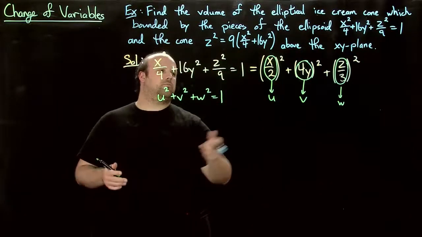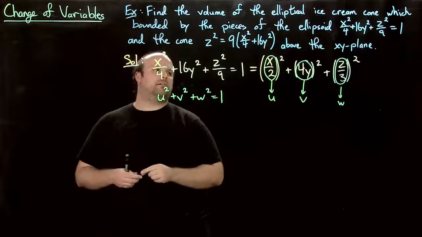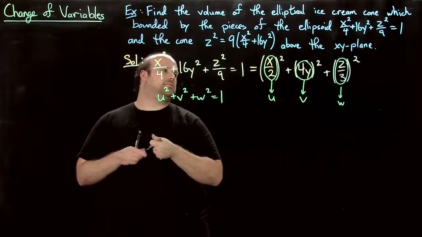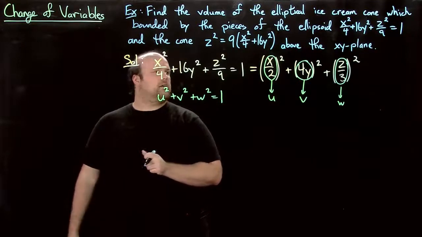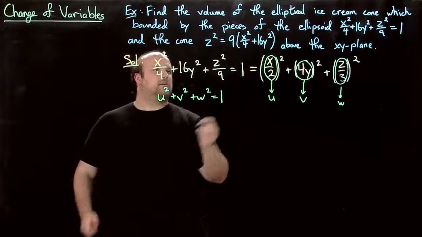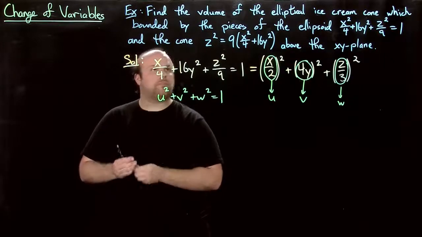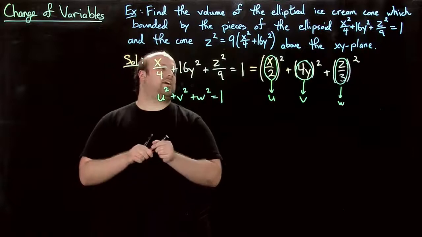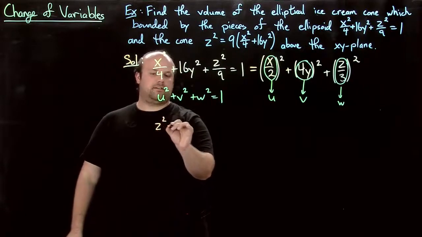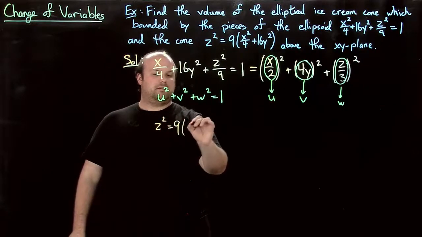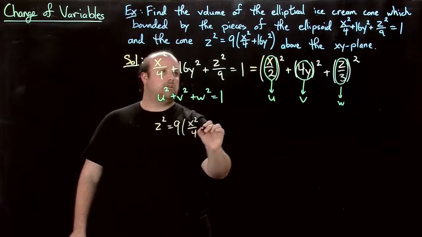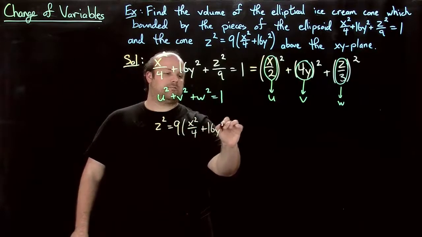Well, we have to use this u, v, and w now, so let's see. Let's write it back down here. We have z squared is 9 times (x squared over 4 plus 16y squared).